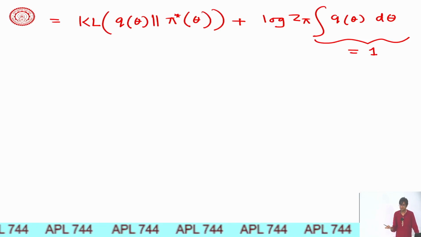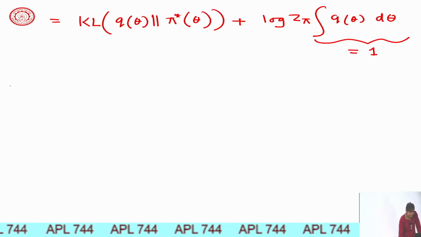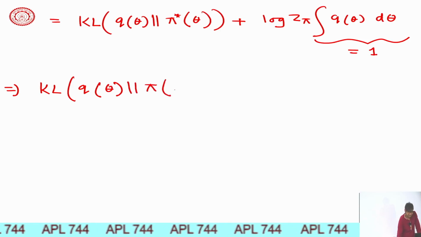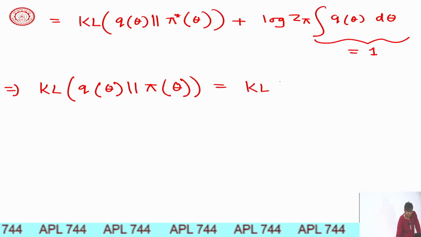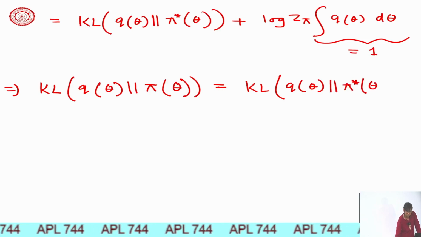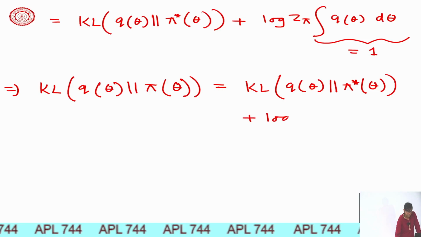That is the property. So then therefore you have KL between q theta and pi theta is equal to KL between q theta and pi star theta plus log of probability of d, so that is z pi.